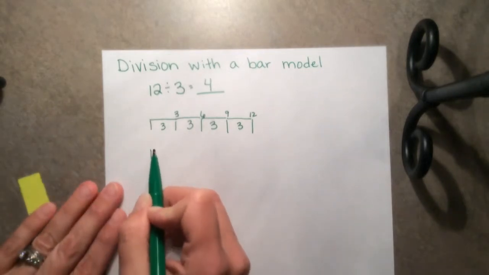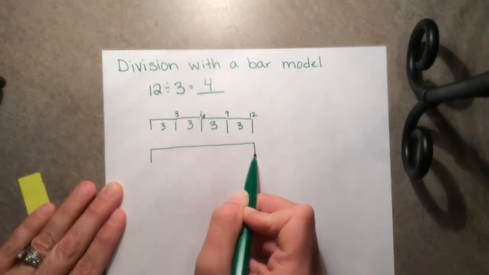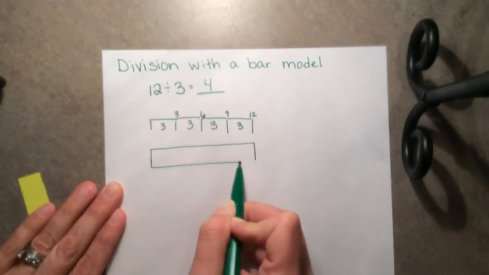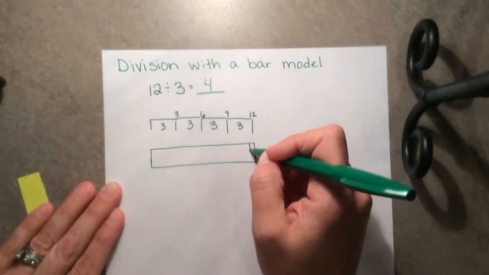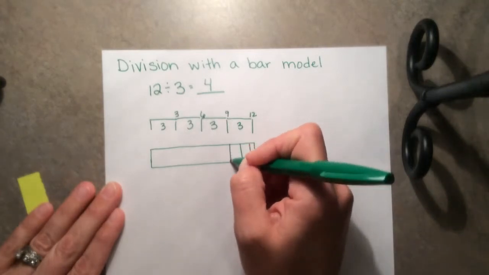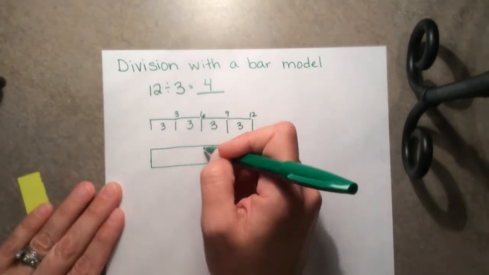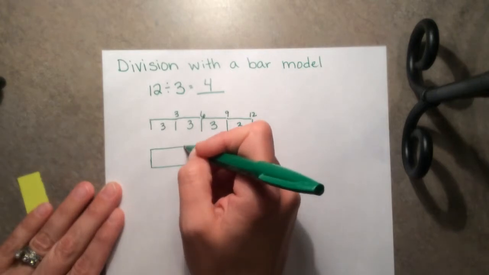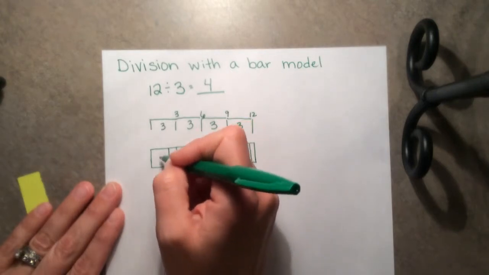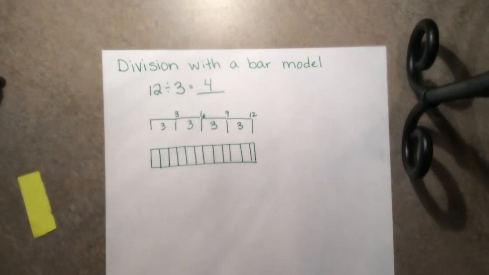Another way to make a bar model to show division would be to create space that has all 12 of my objects shown. I then would again group them into groups of 3.